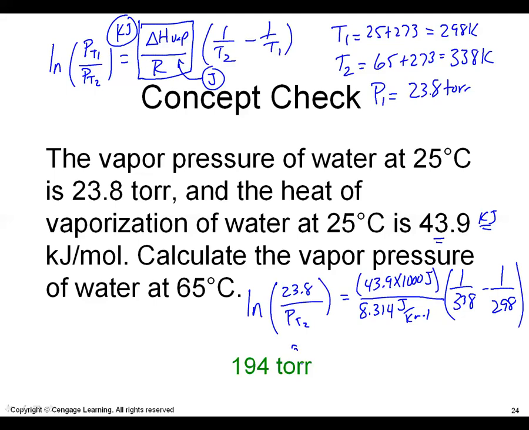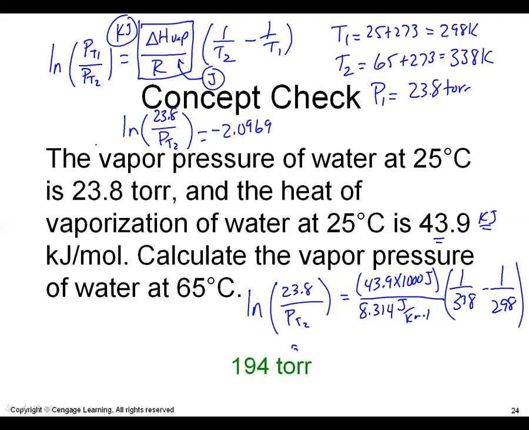If we clean up the right-hand side, 1 divided by 338 minus 1 divided by 298, we multiply by 43.9 times 1,000 and divide by 8.314. If we do that, we get the natural log of 23.8 over P at T2 equals minus 2.0969.